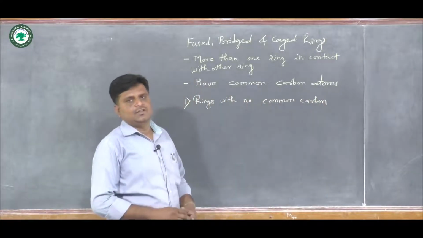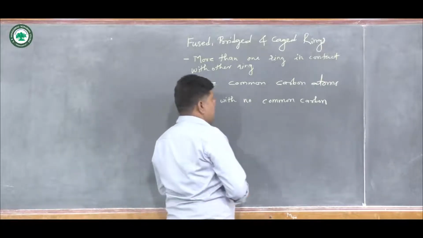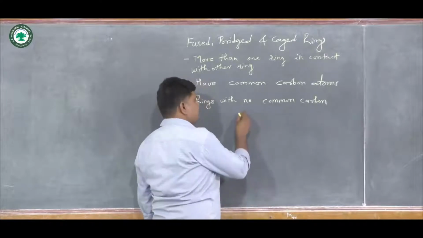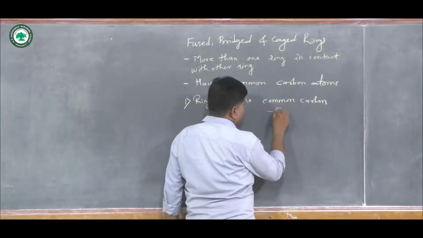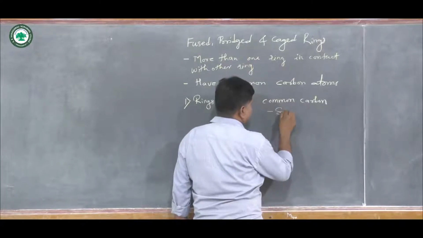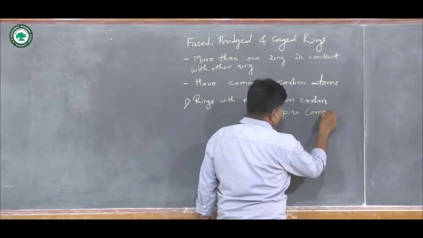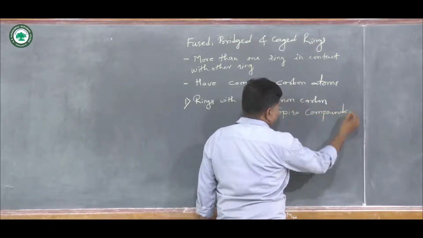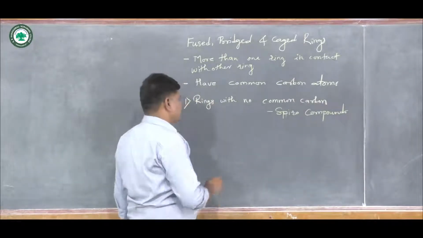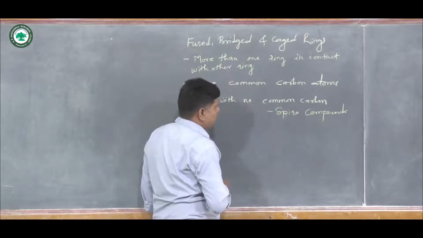Rings with no common carbon atom, we call those compounds spiro compounds. These are the spiro compounds. Now we take some examples of spiro compounds.